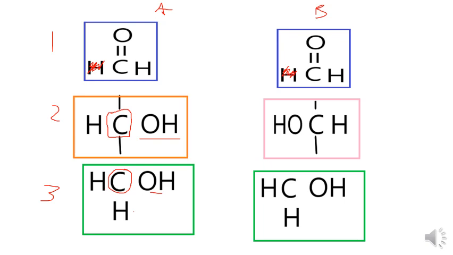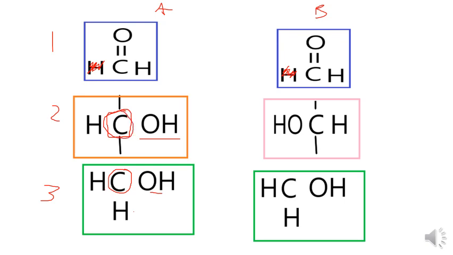So the top and bottom ones are what we call achiral, which means it doesn't matter how we draw them. They'll always be the same. In a sense, they don't have a mirror image.